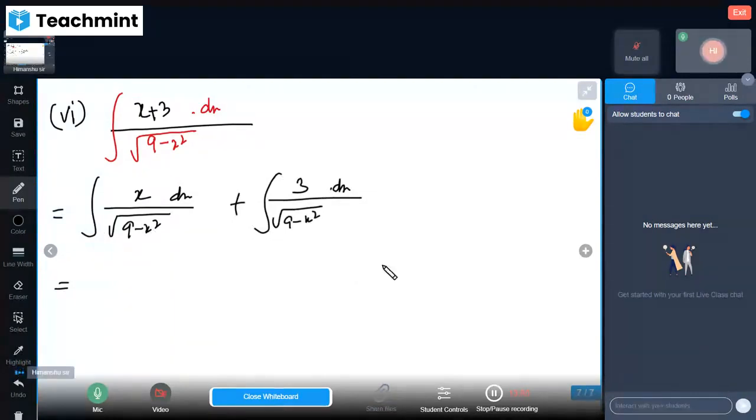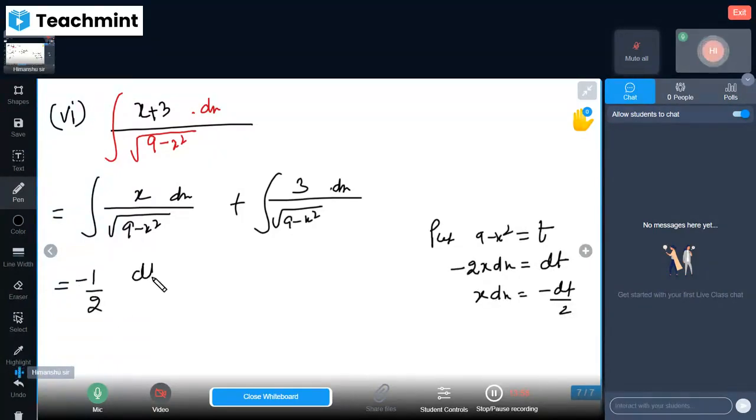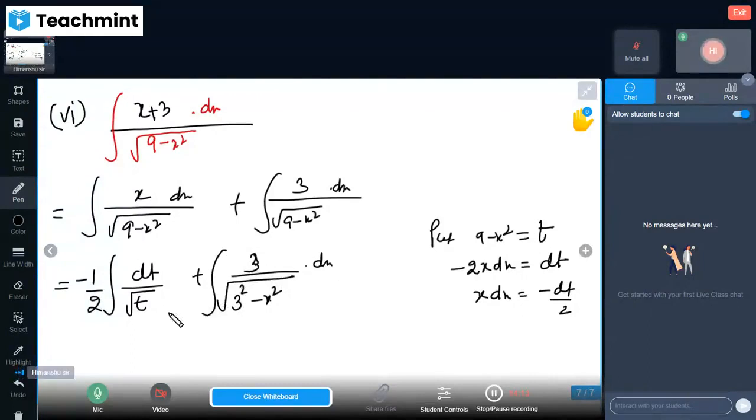So put 9 minus x square as t. So minus 2x dx becomes dt, so x dx becomes minus dt upon 2. Let's bring minus 1 by 2 outside, and this becomes dt upon root of t. And the other can be framed in the form of sine inverse x, 9 minus x square root, dx, right?